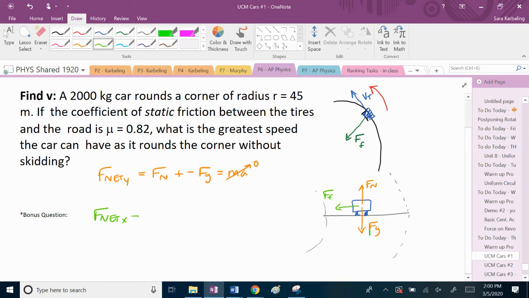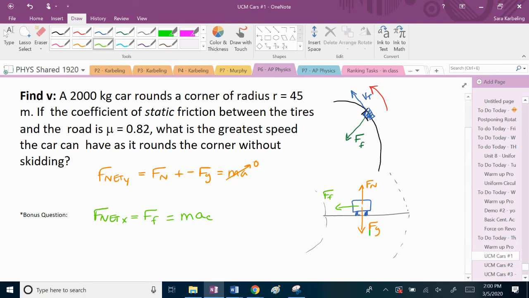In the x direction, how many forces do we have acting? Just one. If we've only got one force, are we accelerating? For sure we are. And in this case, we are accelerating going around a circle, which means our acceleration is what kind? Centripetal acceleration.